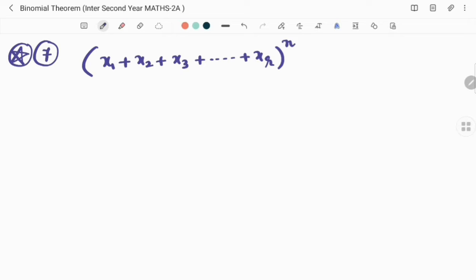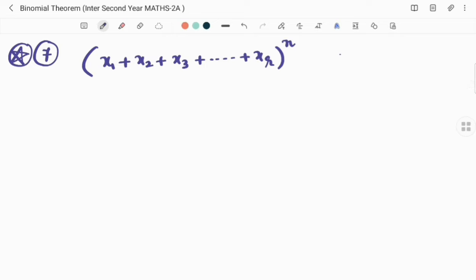In this expansion, how many terms are there? Previously, only binomials, where 2 terms are there, x plus y or x plus a or x minus a. But here, r terms are there: x1 plus x2 plus x3 plus and so on xr. So this is a very important note for competitive exams also, not only for IPE.